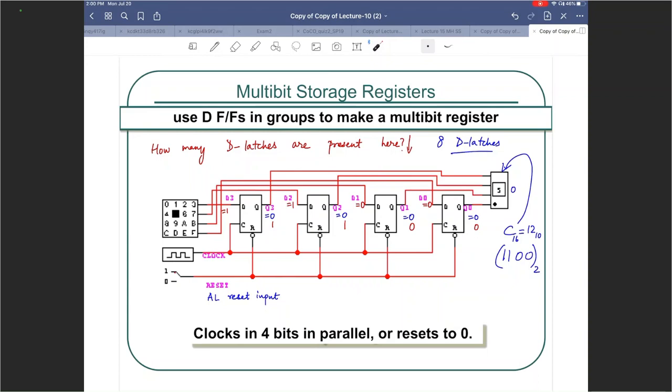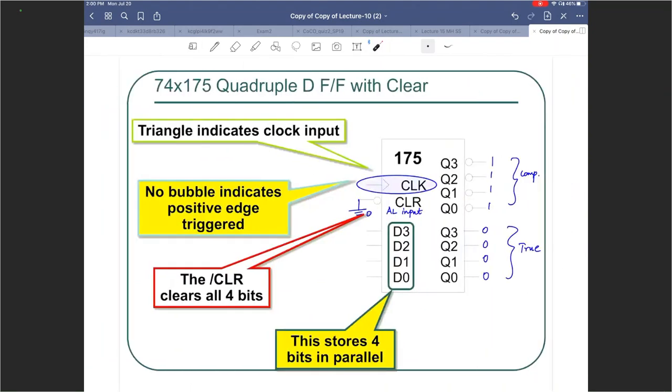Storing the register means essentially changing Q3, Q2, Q1, Q0 to what we want. We did it for 1100 earlier, right? So what I can do is this. Let's suppose in a different color, I make this guy 1100. I'm again going on with the C in hex discussion.